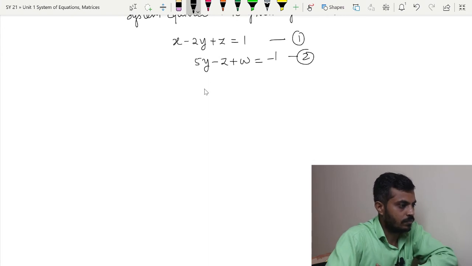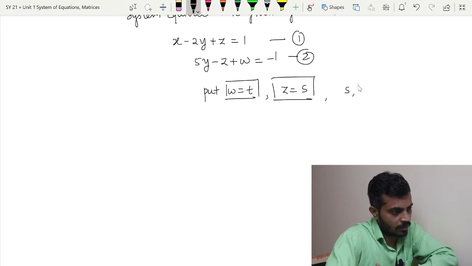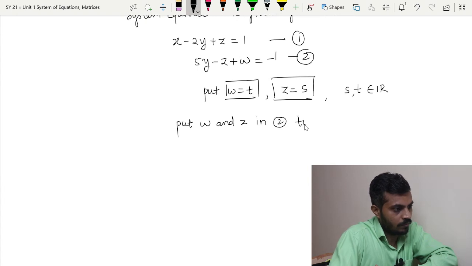So, I will say put w is equal to t and z is equal to s, where s and t belong to R. Now, let us put w and z in 2 to get y.